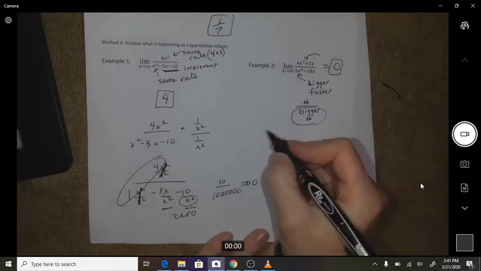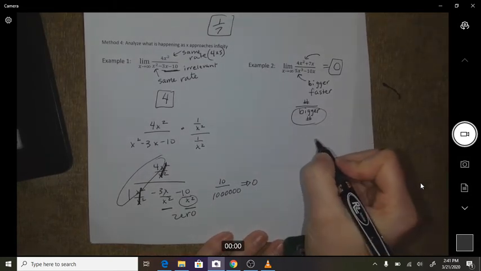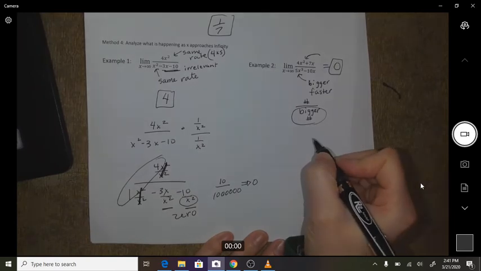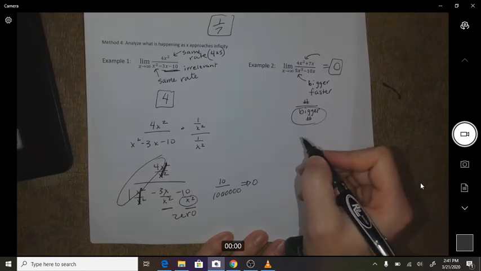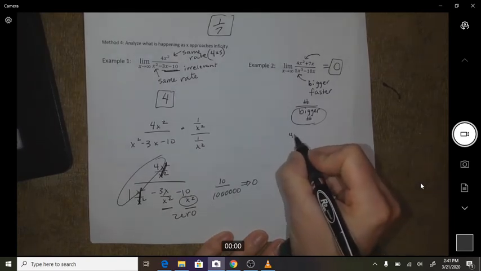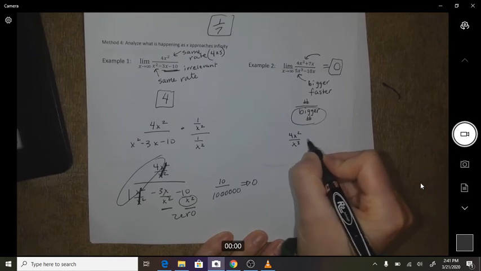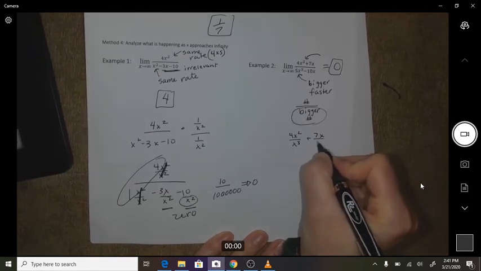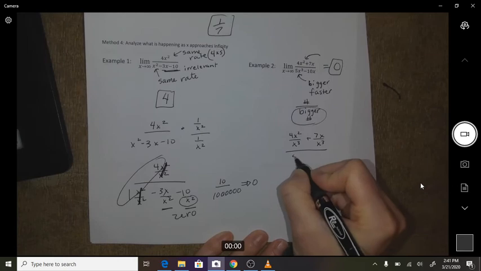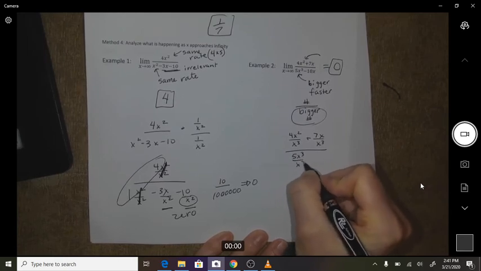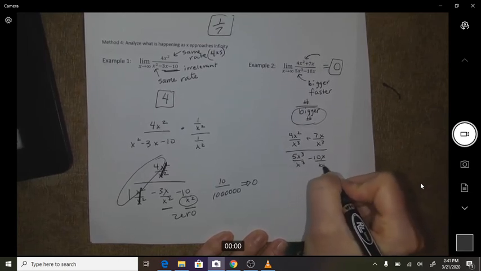I could take everything and divide every single term by, let's say, an x cubed. If I take everything and divide it by an x cubed, I can see what is going on.